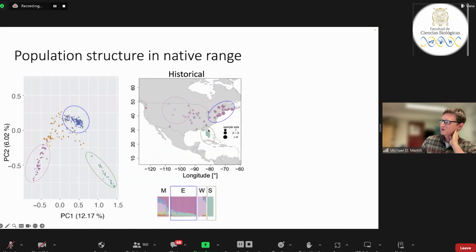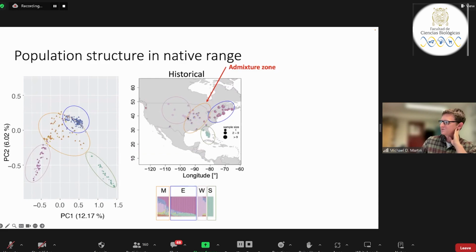The southeast U.S., the warm semi-tropical part of Florida, is all coming here. And the blue is blue here. And we have this western part of the U.S. mostly focused here in the PCA.